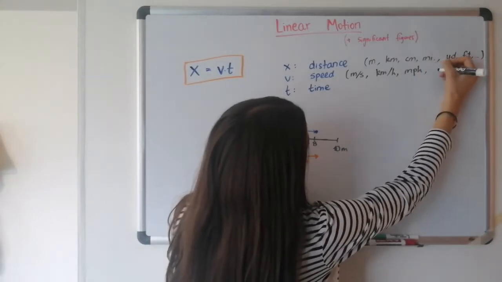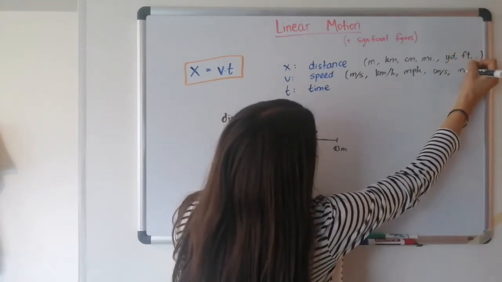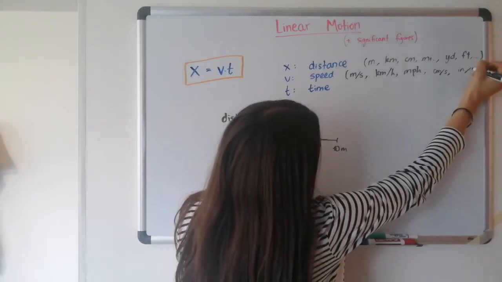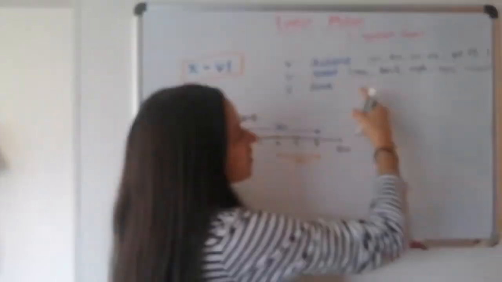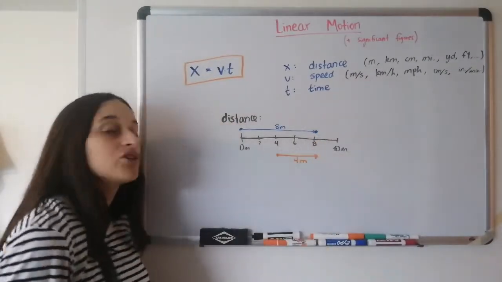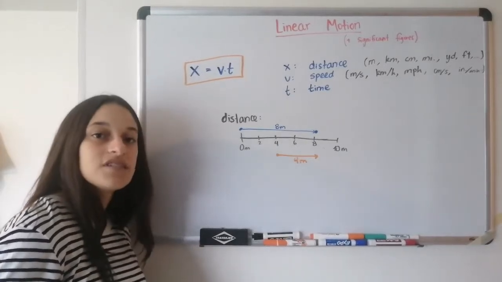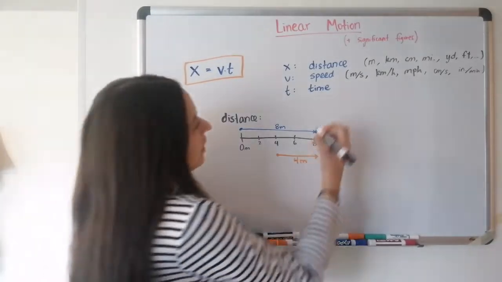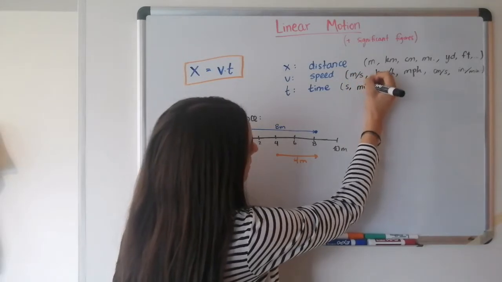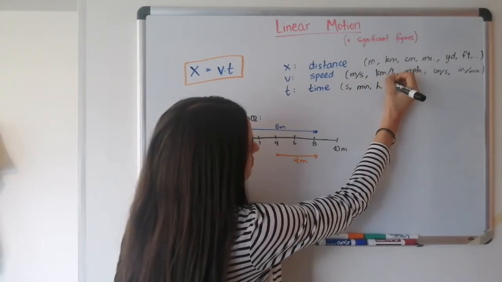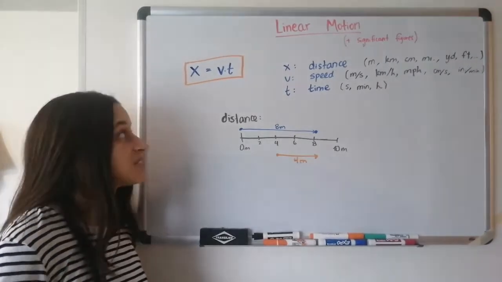We might also get centimeters per second or inches, I missed inches here, inches per minute. There are many, many possible units, but again, the most common are meters per second and kilometers per hour. And the only SI unit is meters per second. And for time, we have our normal units of time, which are seconds, minutes, and hours. Always remember to put numbers with their respective units.